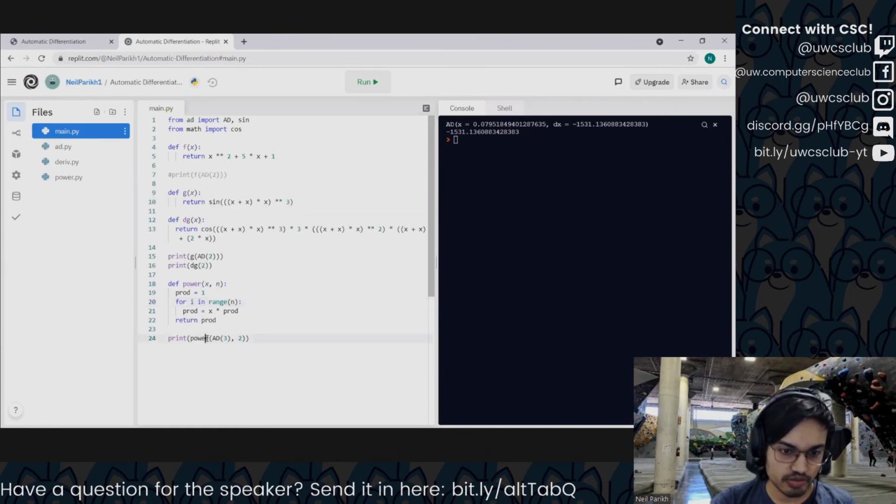So I call power with x turned into a special AD object, with respect to this variable right here, and I run it, and I get 6, and that is correct. The derivative of x squared is 2x, and 2x at 3 is 6. So I've written a function that has for loops, and it can still find the derivative because we overloaded this times operator, so it does the tracking along the way. So no special work required.